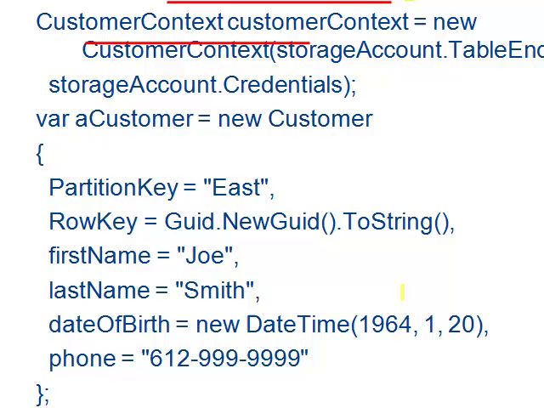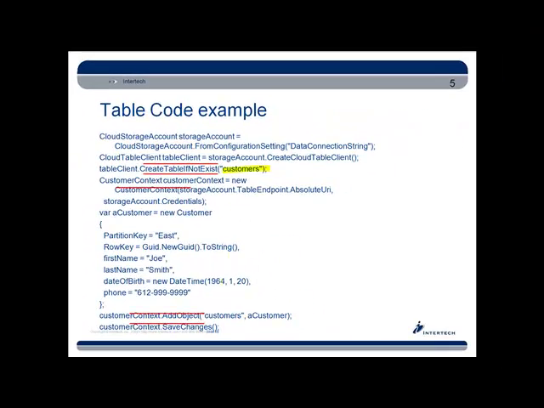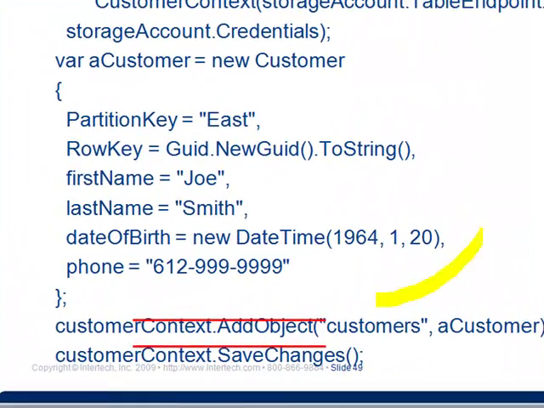We can use it to add objects, in this case a new customer object, or save changes to the table. So in this particular example, you'll see we've created a new customer object, a new POCO, and then used that POCO to actually save its properties into what's known as the customers table. And the save changes just, if you will, kind of commits all that data into the table.